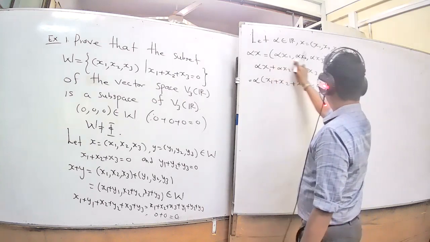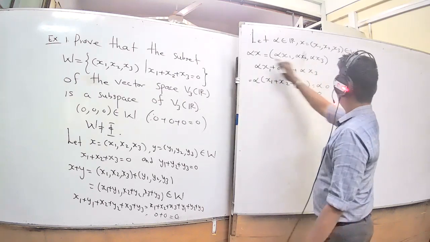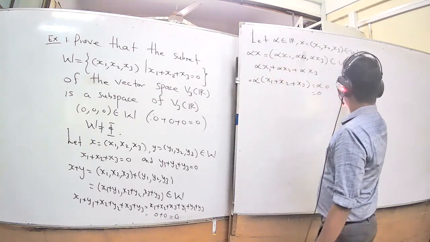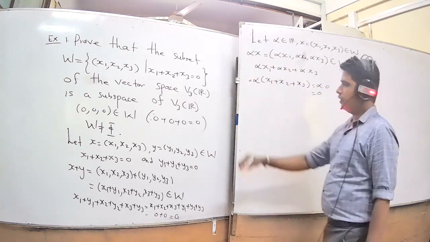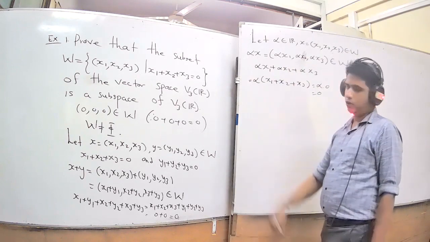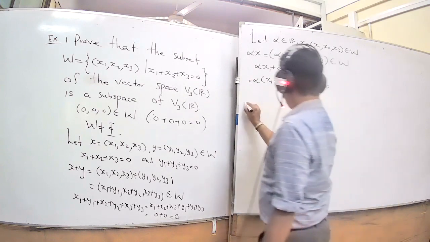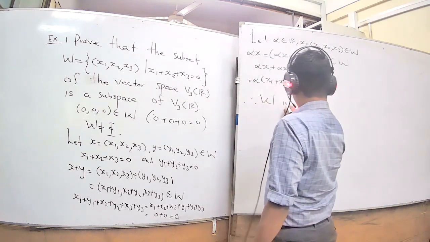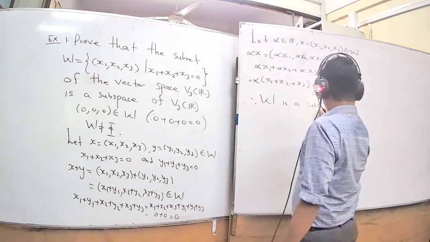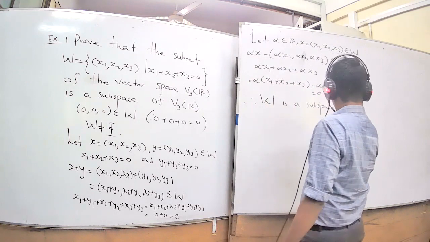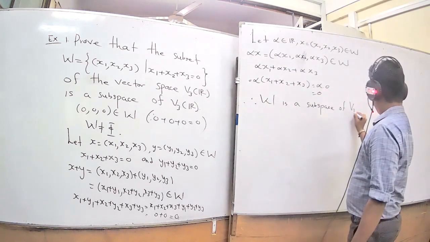Therefore this element satisfies the condition and belongs to W. So these two conditions are satisfied, and the set is non-empty. Therefore W is a subspace of R^3.